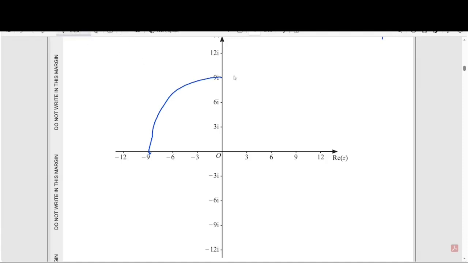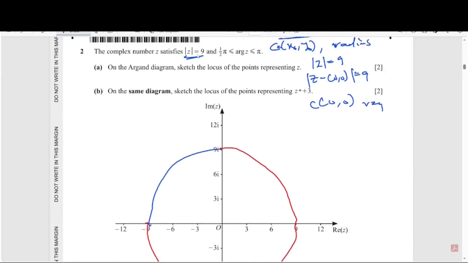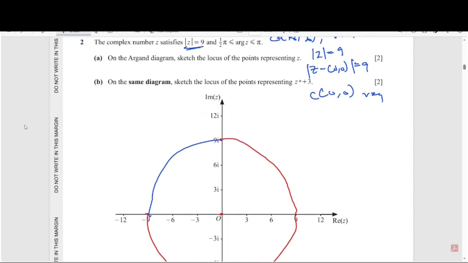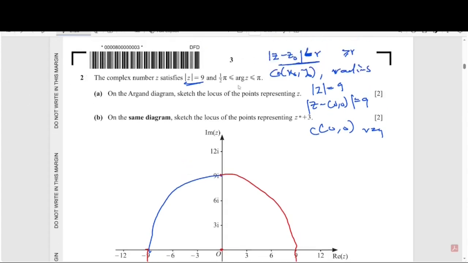So we go from the other end, 9 here to the other 9, then this. So this curve, modulus of z equal to 9, is what we've drawn: a circle whose center is the origin O, with a radius of 9. But because it is equal to, we only want the circumference and not the inner or outer part of the circle.